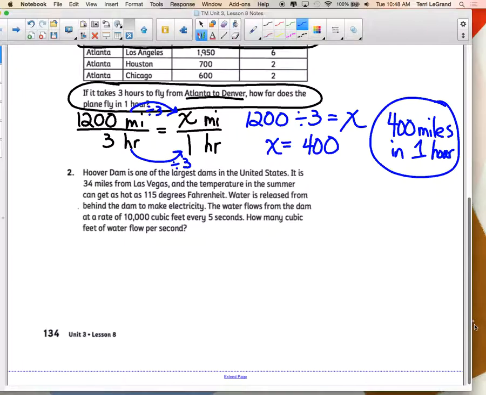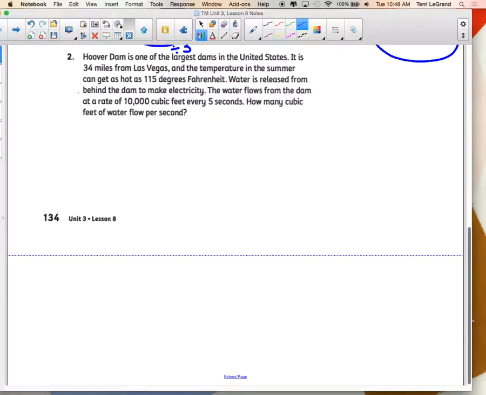The water is released from behind the dam to make electricity. The water flows from the dam at a rate of 10,000 cubic feet every 5 seconds. How many cubic feet of water flow per second?